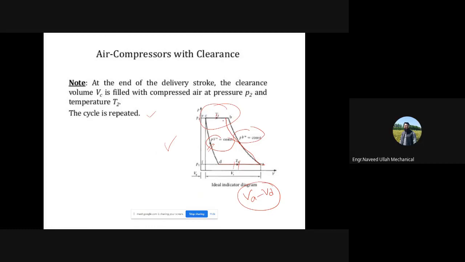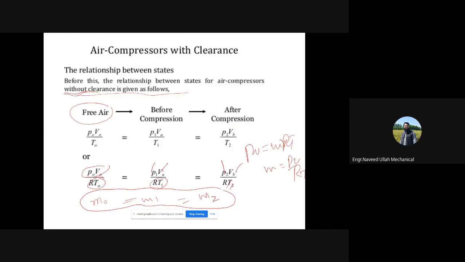Previously, this whole volume, from here to here, was the delivered volume. This is VB. VB is the delivered volume. Now we actually have a clearance volume over here. So VB minus the volume at C. Not the clearance volume, but the volume above C is what remains. So this is your delivered volume, and this change comes in here.